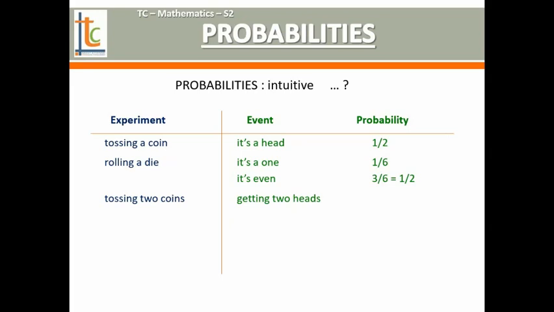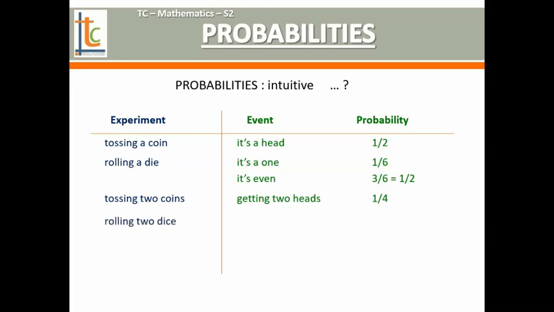So the possible events are head-head, head-tail, tail-head, or tail-tail, given the result of each coin. And among that, there is only one chance over 4 to get 2 heads. And this is the real probability of this event. This chapter is here to explain that kind of thing.